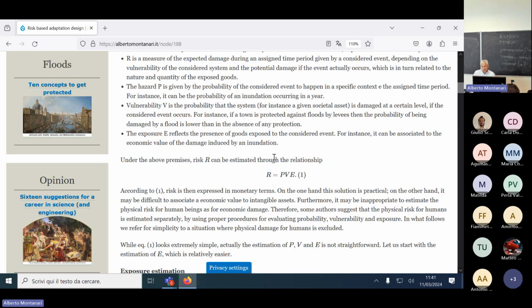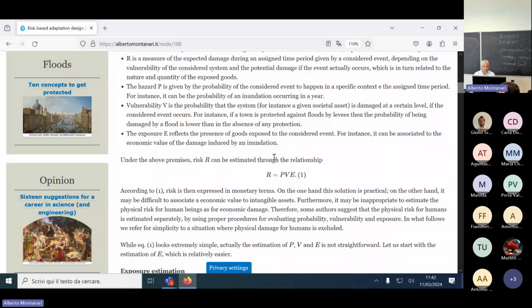Or in other words, if I decrease P, less frequent flood, less frequent means higher magnitude. Decreasing probability, increasing exposure. Why does a less frequent flood have a higher magnitude? But this is by definition.